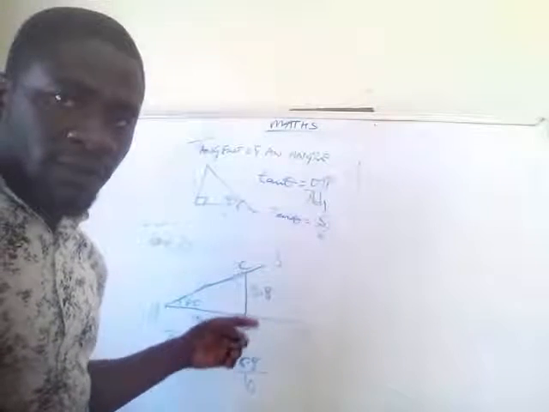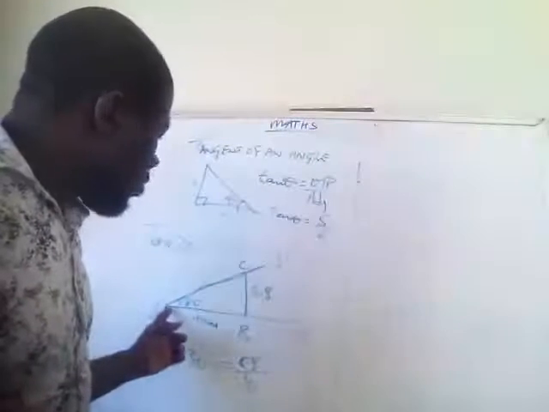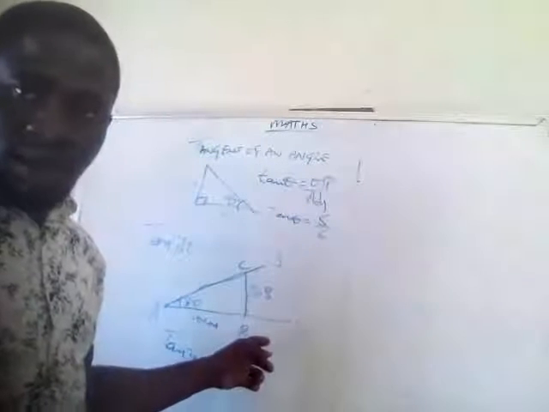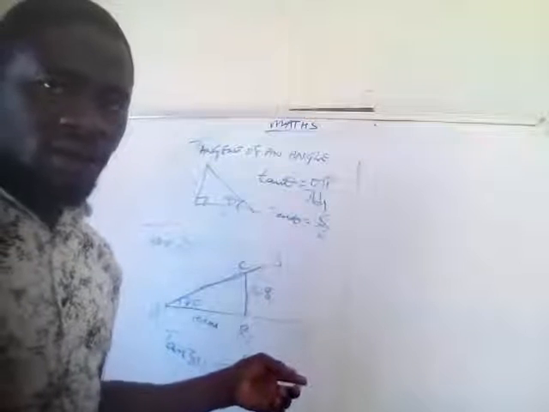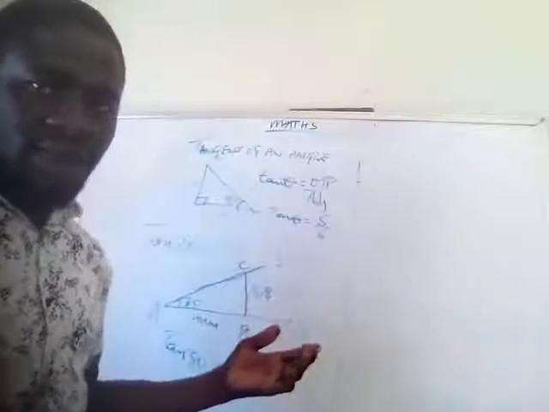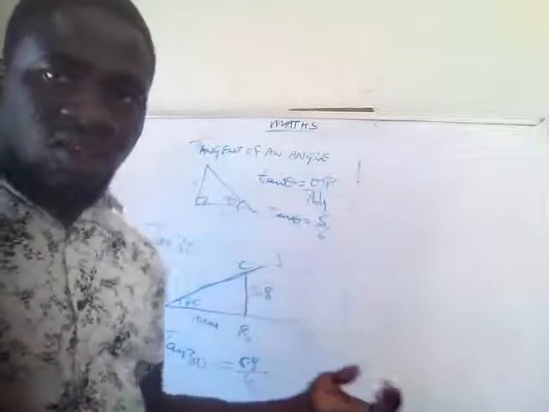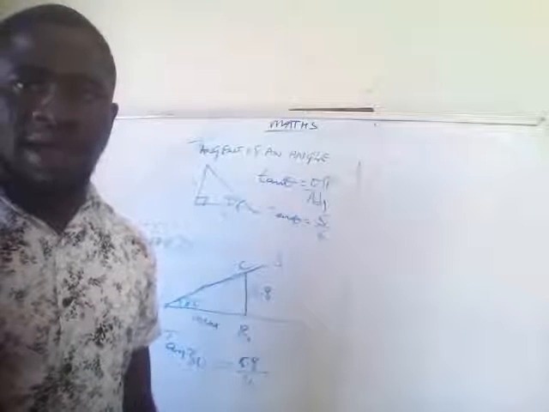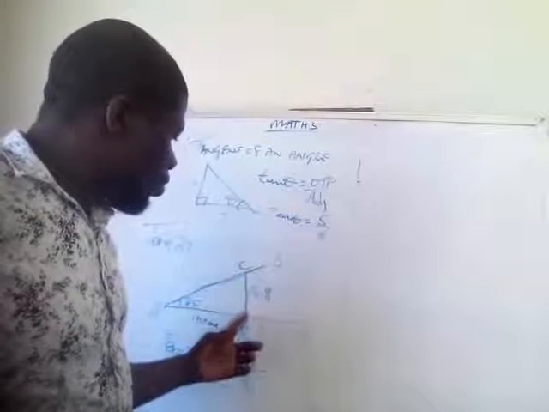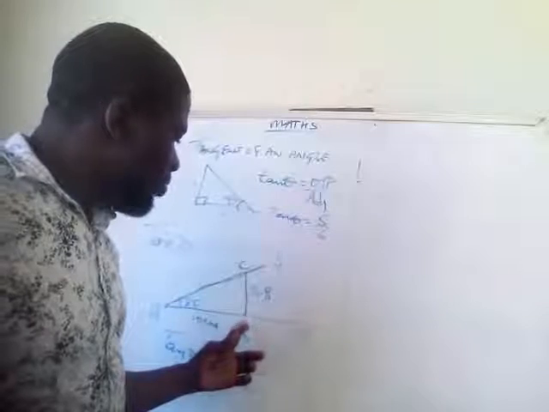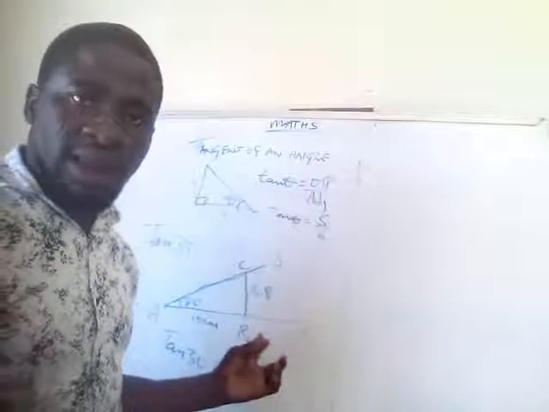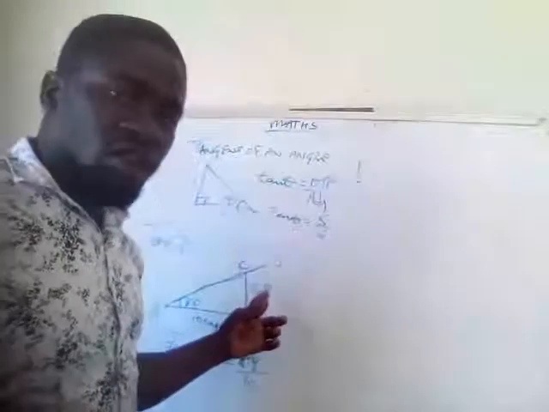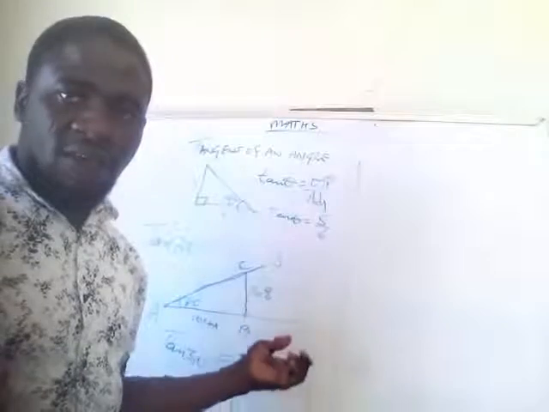Then from A, you measure to AB any centimeter of your choice, but something that can be easily divisible, like 10 or 22. Then you join B to C and measure BC, and you write it.